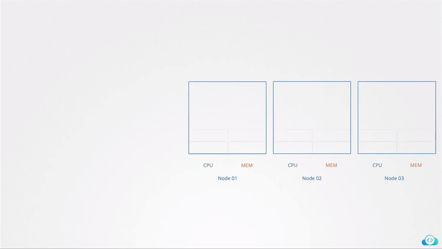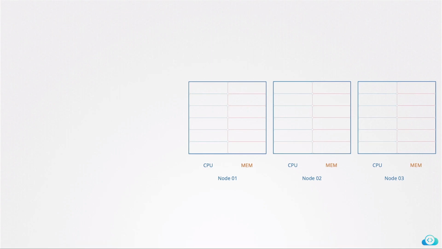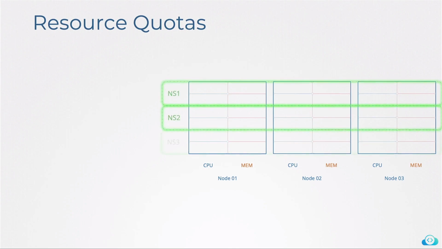And finally, is there any way to restrict the total amount of resources that can be consumed by applications deployed in a Kubernetes cluster? For example, if we had to say that all the pods together shouldn't consume more than this much CPU or memory, what we could do is create quotas at a namespace level.